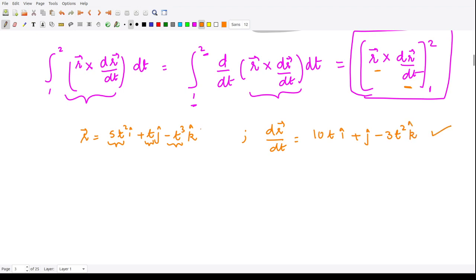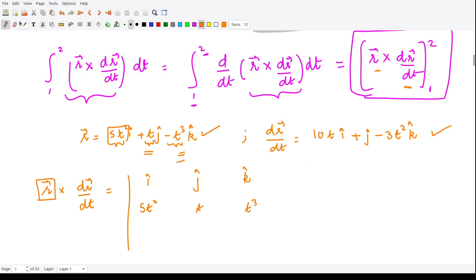Now you have one vector and a second vector, so when you take the cross product of these two vectors, always remember, whenever you want to take the cross product, the order matters. So you firstly write the components of vector r: we have 5t square, then t, and then minus t cube, right?